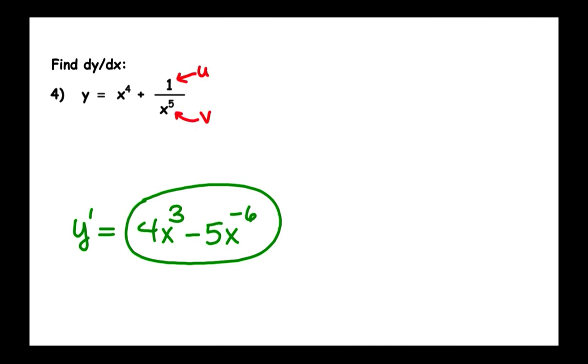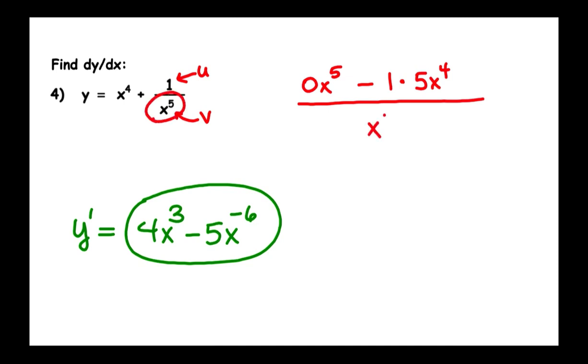For that second part, if I was to make a big fraction bar and go u prime v, well, u prime would be 0. So 0 times v minus u v prime, which would be 5x to the 4th, over v getting itself squared. x to the 5th times x to the 5th is x to the 10th.